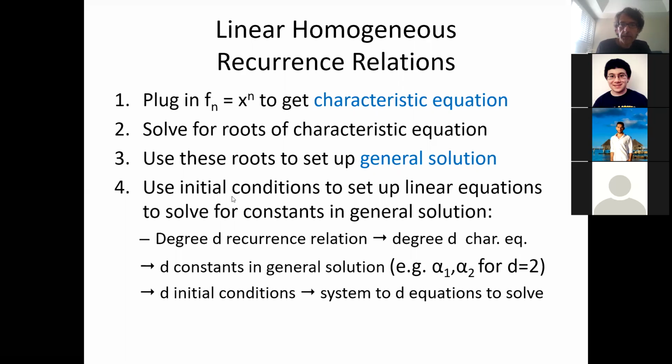And then you will use initial conditions to set up a system of d linear equations, because if there's a recurrence relation of degree d, it needs the previous d terms, so you have to start with d base cases.